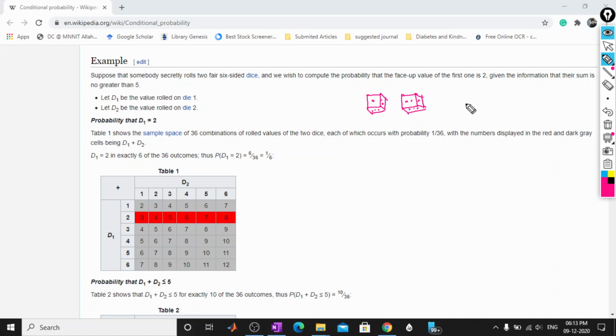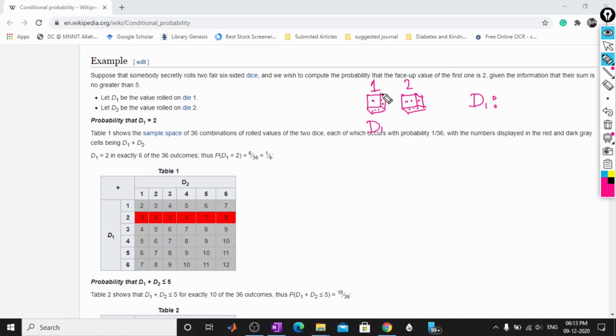Now we are defining the two events. The first event is called d1, and it takes the value we get if we throw the first die. This is the first die, this is the second die.